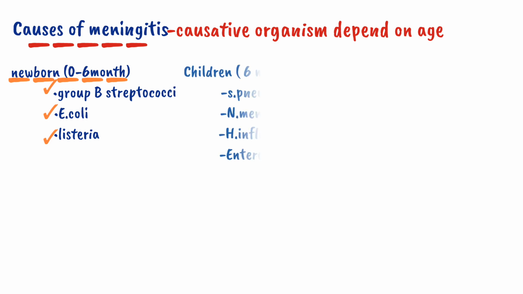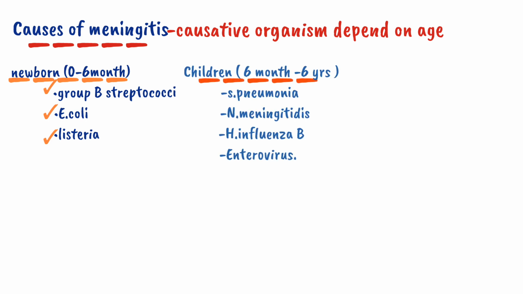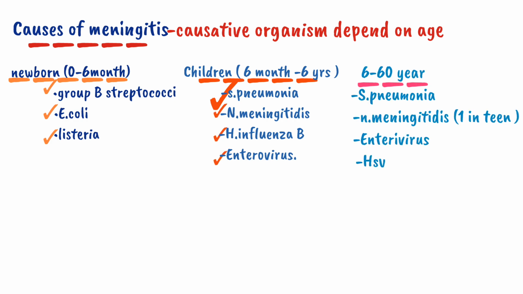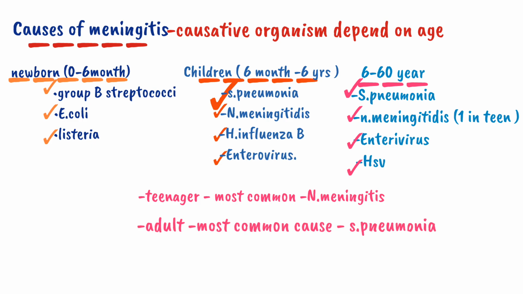From 6 months to 6 years, the most common causes are Streptococcus pneumoniae, Neisseria meningitidis, H. influenzae and enterovirus. And from 6 years onward to 60 years, the most common causes are Streptococcus pneumoniae, Neisseria meningitidis, enterovirus and HSV. Remember that in teenagers, the most common cause of meningitis is Neisseria meningitidis, while in adults, the most common cause is Streptococcus pneumoniae.